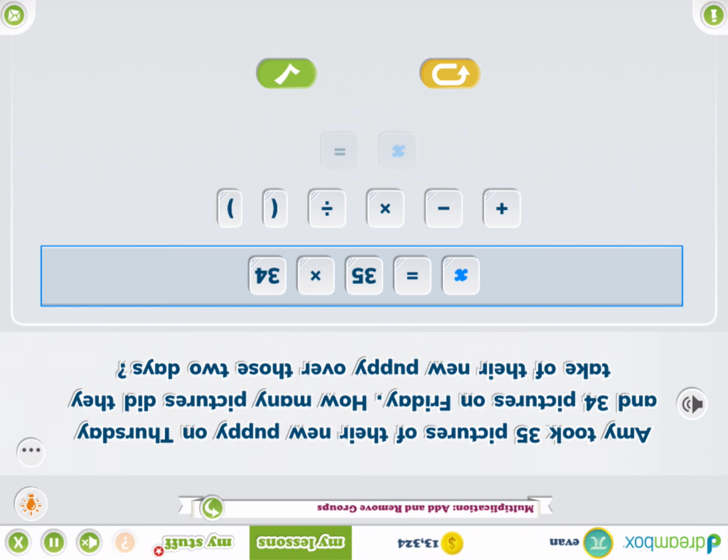Look back at the story in the problem. Are you combining or separating items? Or are you working with groups of items?